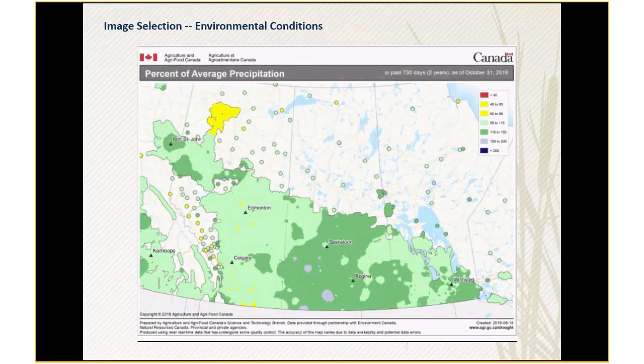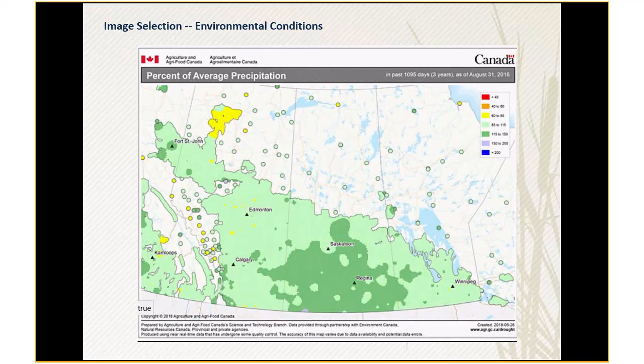If we look over 2 years, again, our study area is normal to slightly above normal accumulations, and if we go back over 3 years, it's similar. So mid 2016 seemed like a really good year.